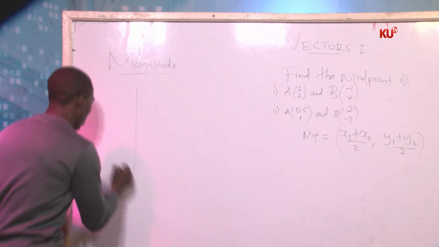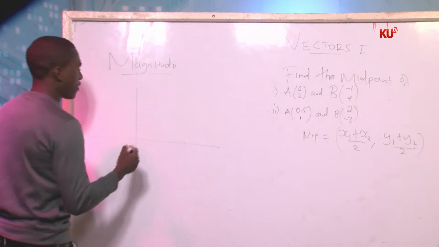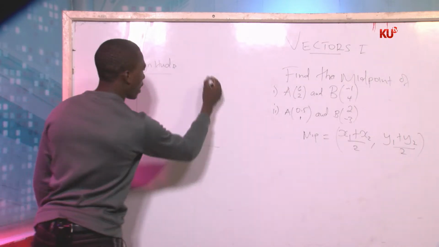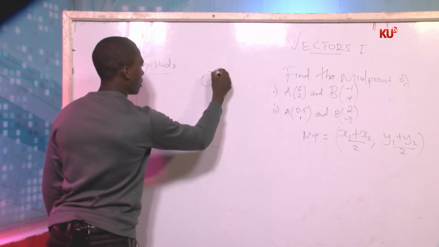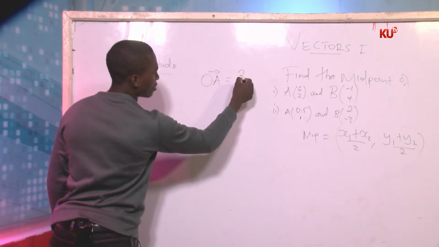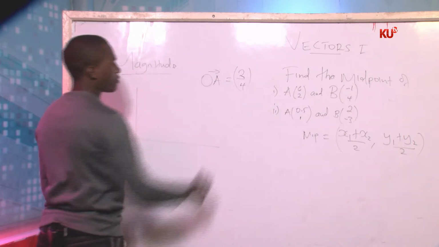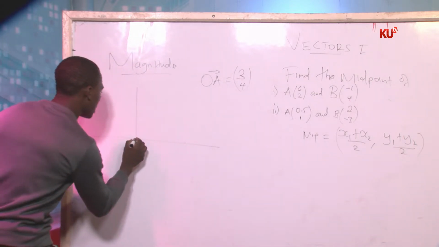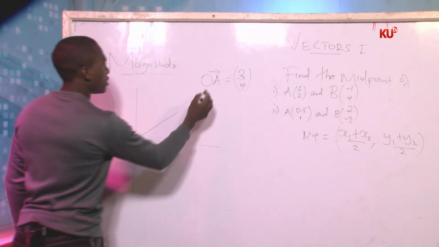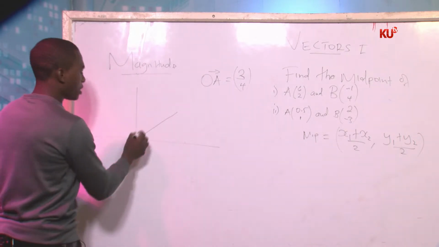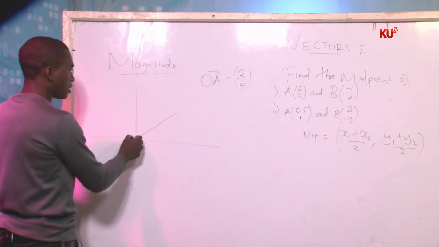Let's say you have a coordinate system here, and you have the position vector of line OA. OA is (3, 4). This is the position vector of our line OA. So we can say our line OA is here. O is the starting point, which is (0, 0).